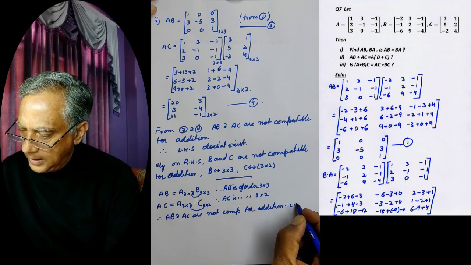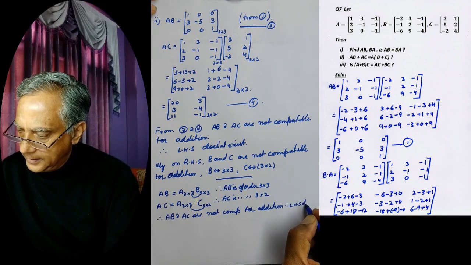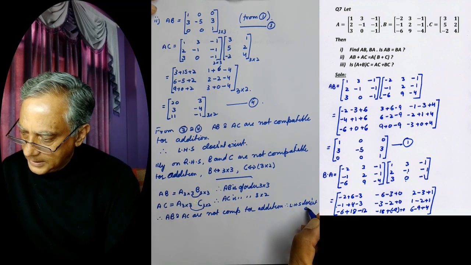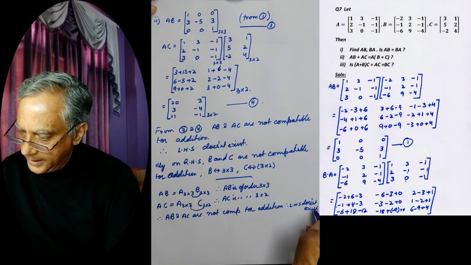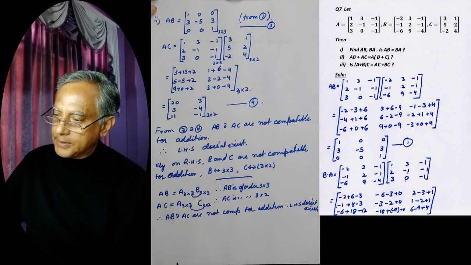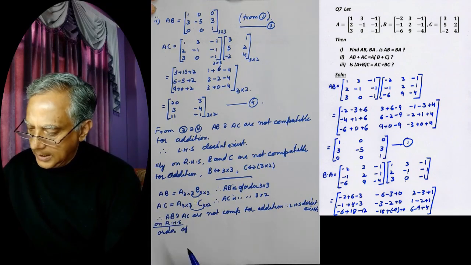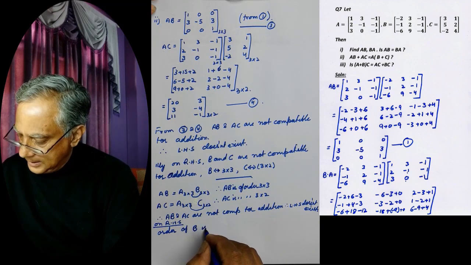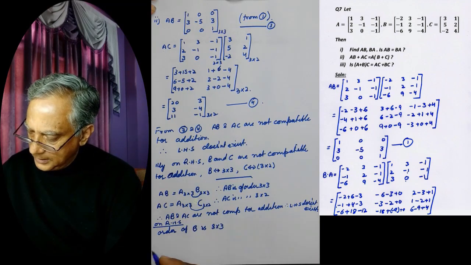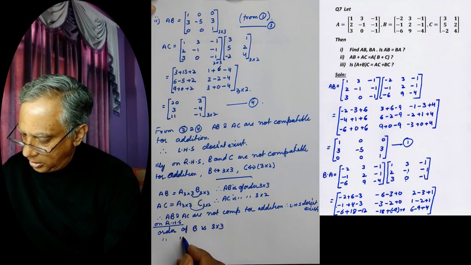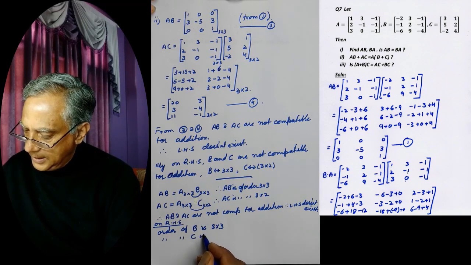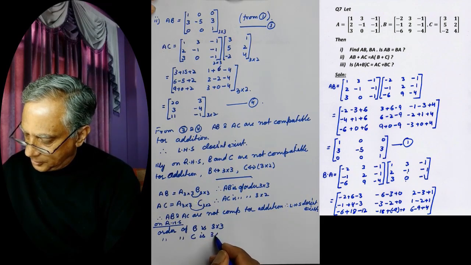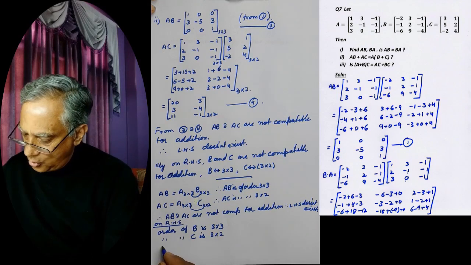Therefore, left hand side doesn't exist. On RHS, order of B is 3 cross 3 and order of C is 3 cross 2.